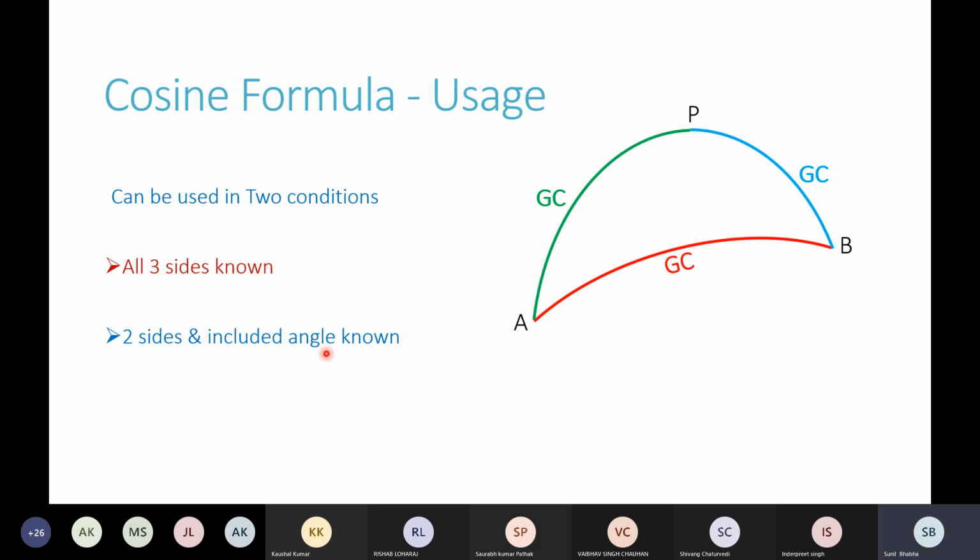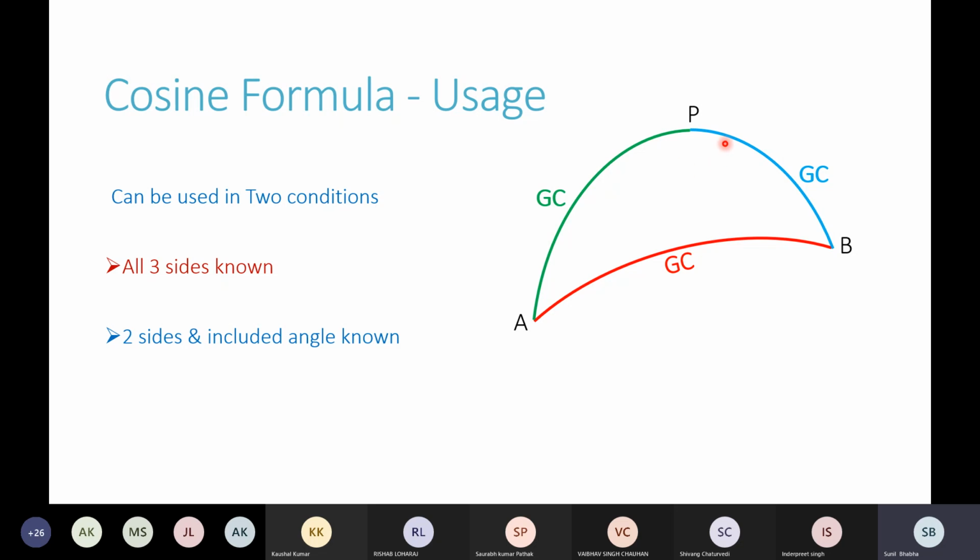If any two sides of this triangle are known to us, let us say we know Papa Alpha, the green color side of the triangle, we know Papa Bravo, that is the blue color side of the triangle, and the included angle. The included angle between these two sides is the angle P, angle Papa.